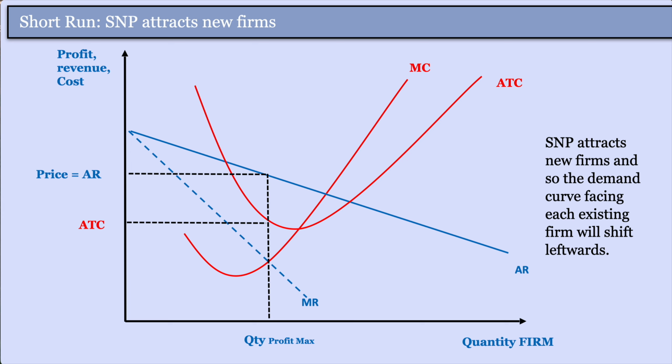So the supernormal profit attracts the new firms, and the demand curve is going to shift inwards, and the marginal revenue curve is also going to shift inwards. That's shown here, and these curves will keep moving in until the point where there is no supernormal profit.